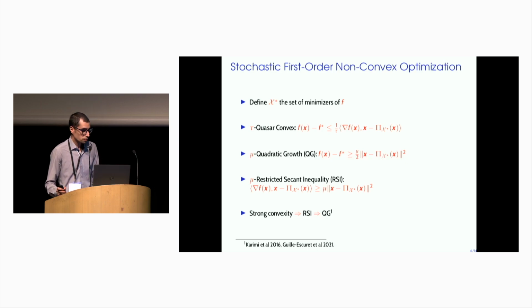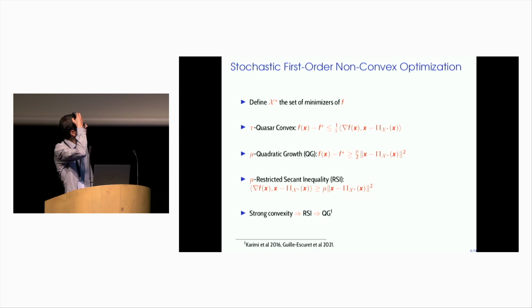Here we focus on the following classes of functions. We denote by X star the set of global minimizers. We define the class of tau quasi-convex functions as those that satisfy this first inequality. Observe that if tau is equal to 1, this corresponds to star-convex functions, and as tau goes to 0, we allow more non-convexity.